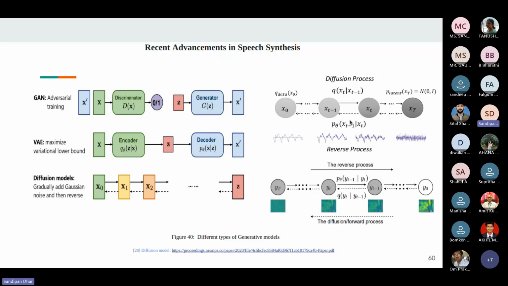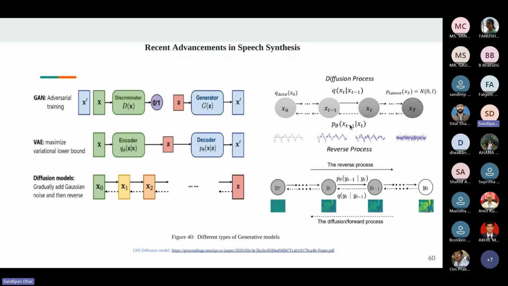Based on that, the model tries to estimate exactly what noise I have added. That is why I also call it a denoising process. In the denoising process, from the noisy representation of the mel spectrogram or the data, we keep on trying to denoise it, and again we want to get the x naught.